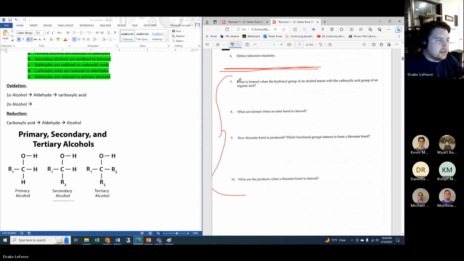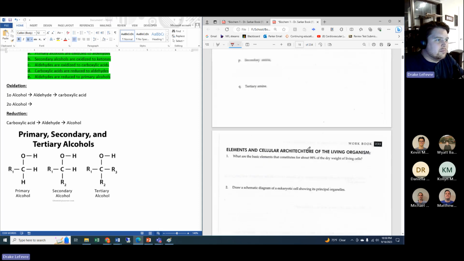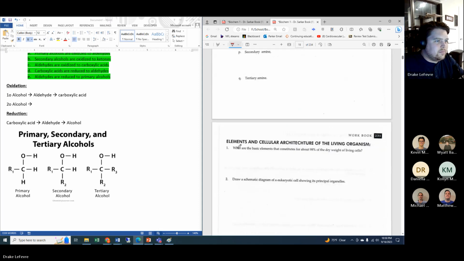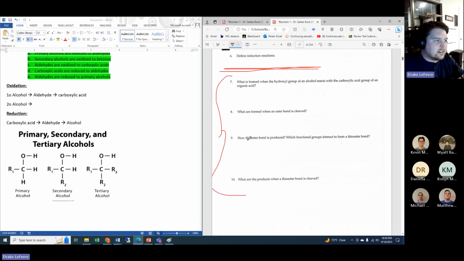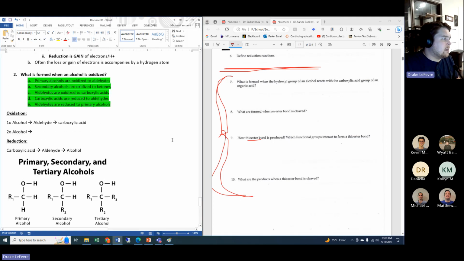This would just be me explaining a lot of stuff in between, like the oxidation reduction reactions and the actual thioester bonds and the cleavage. That's not until you get to enzymes. So I'm going to stop here, because adding these might be a bit more confusing until you get to that point.